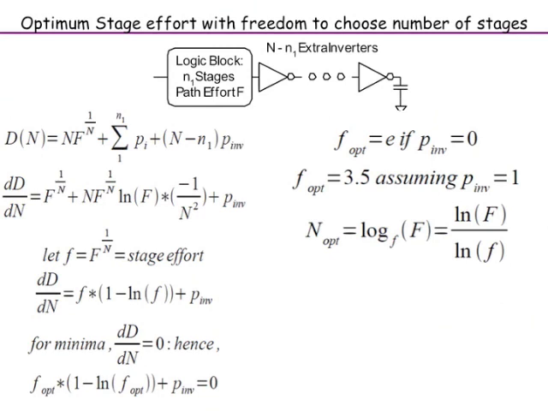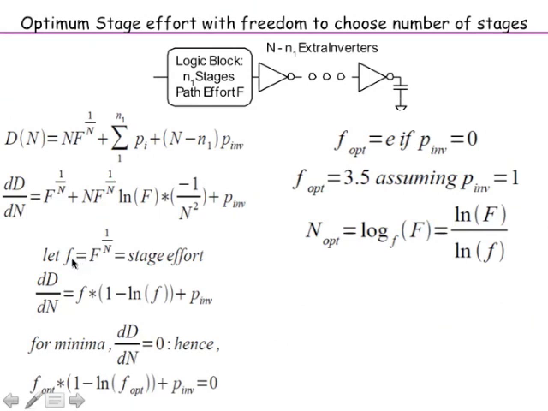So you see that if you have no parasitics at all in your logic gates, the intrinsic delay is 0, then the optimum effort per stage is E, where you are free to use as many stages as needed. So when f opt is equal to E, you have to figure out what is the right number of stages to use. How do you figure it out?